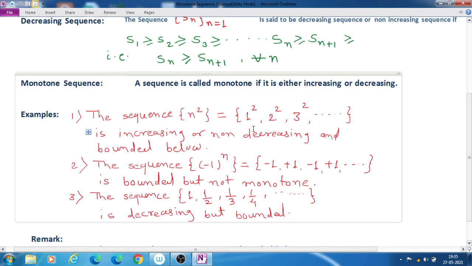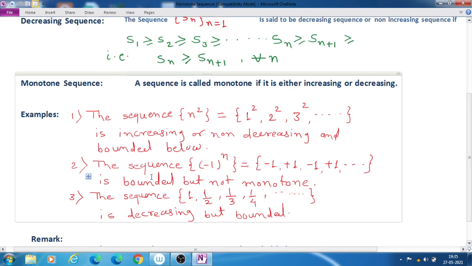The first term is the lower bound of this sequence, and the other terms go on increasing. Therefore, the lower bound of this sequence is the first term 1 square, that is 1. This sequence has no upper bound, therefore it is not bounded above. It is bounded below only, and 1 is its lower bound.